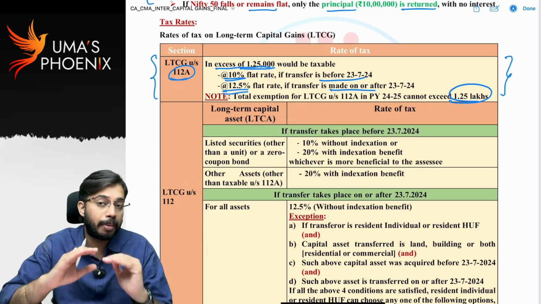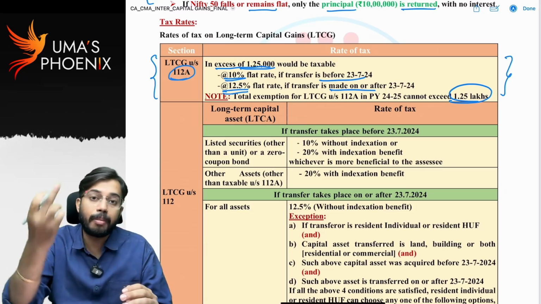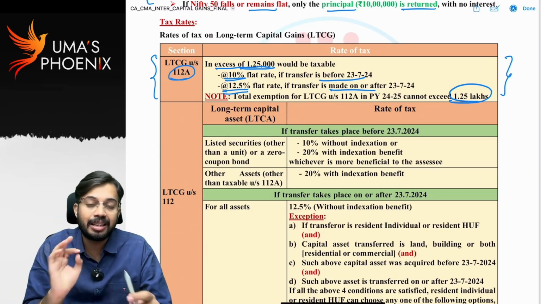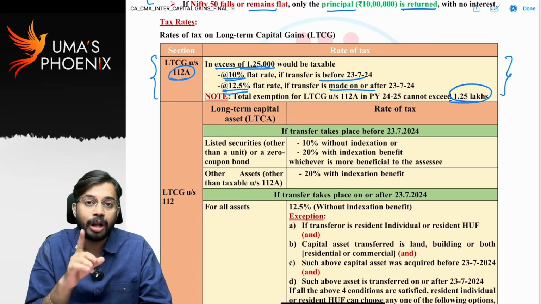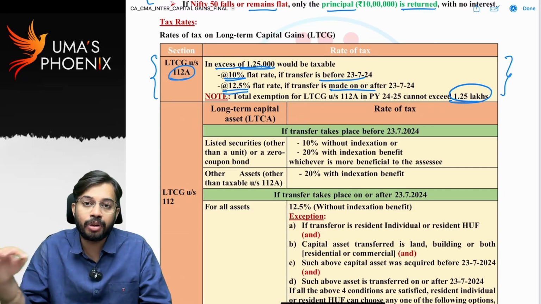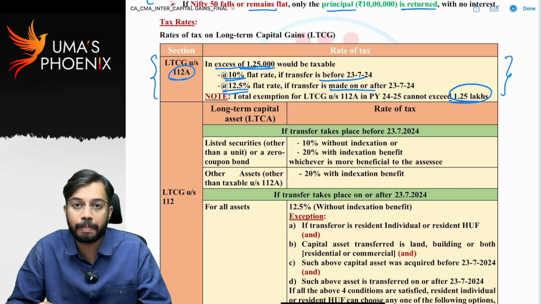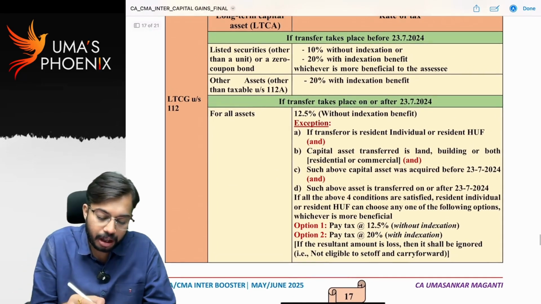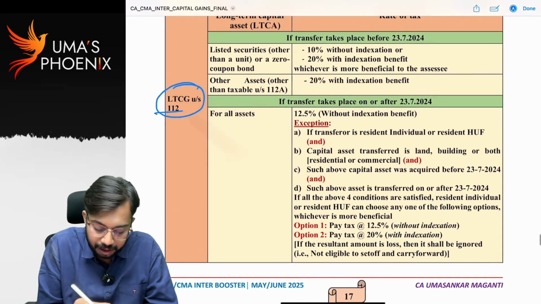The balance long-term capital gain over and above 1,25,000 is taxable. How is it taxable? You have to check the date of transfer. If the date of transfer is before 23rd July, you have to apply 10%. If on or after 23rd July, you have to apply a 12.5% tax rate. Is it clear? Good.